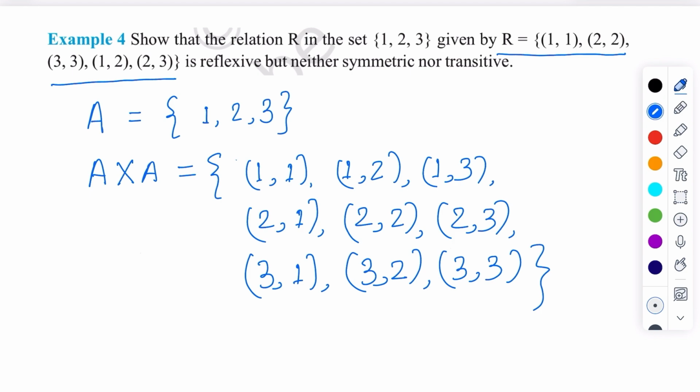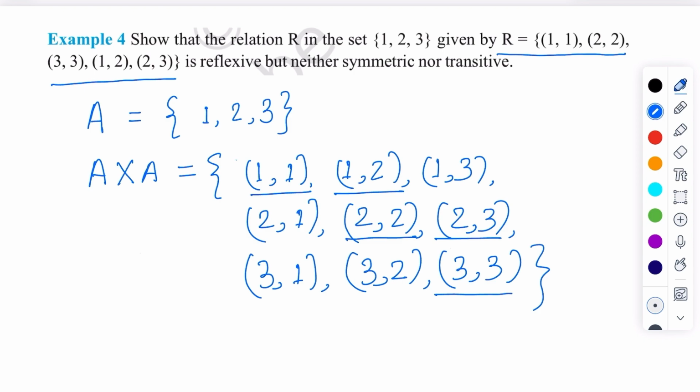So all the elements are not given. However, some elements are given. So this is a relation R.